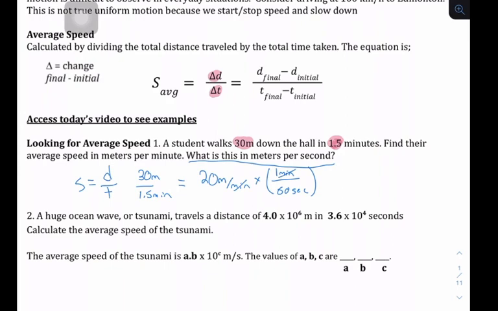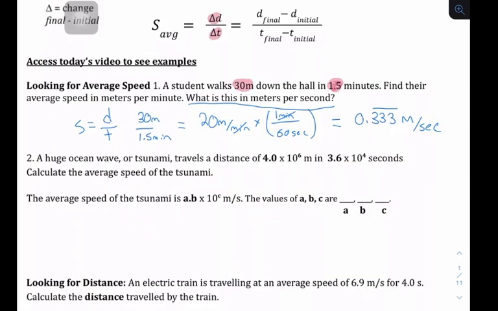And 20 times 1 divided by 60 ends up being 1/3, or 0.333 repeating meters per second.